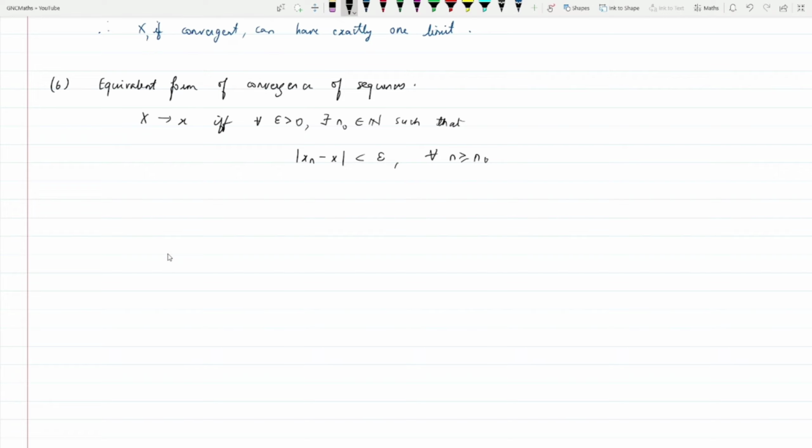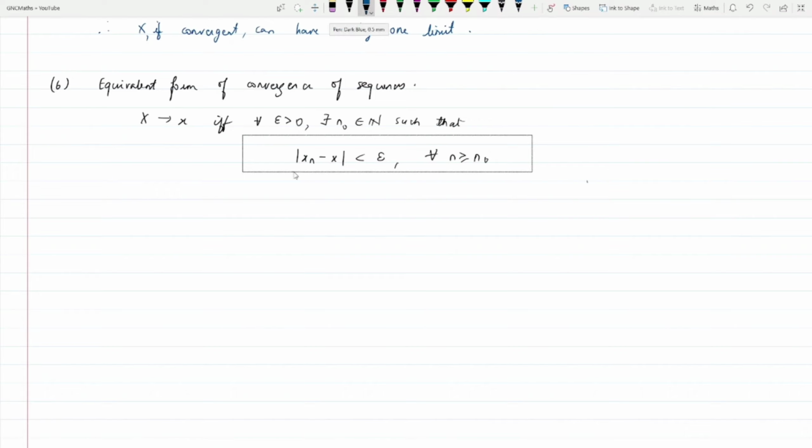Now here we are going to take help of some modulus properties, and using that we will write down more variants of the convergence of sequences. So let me put this as 1, and we are going to write down various equivalent forms of this.